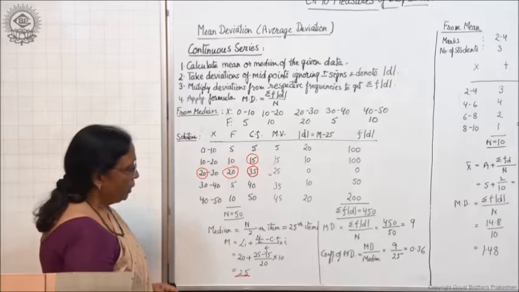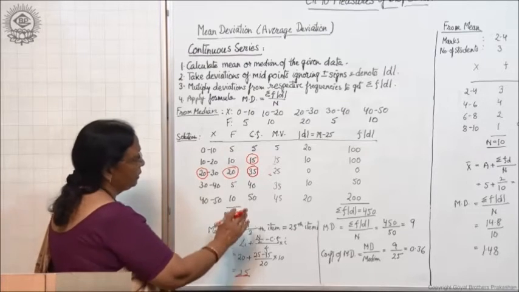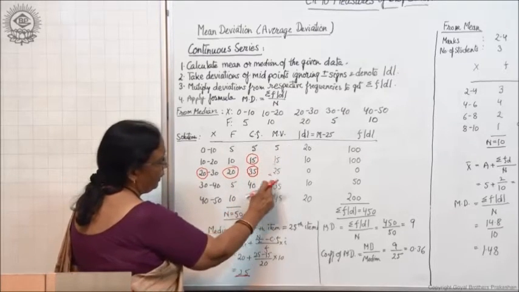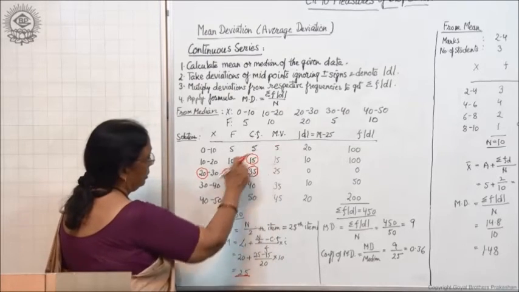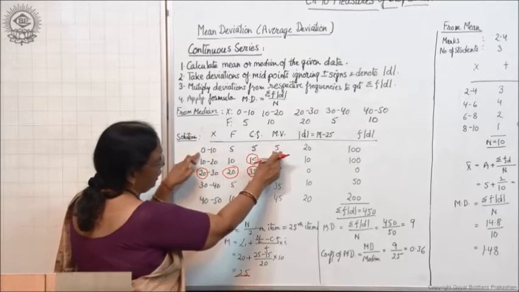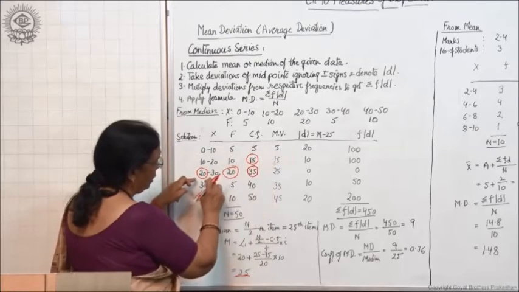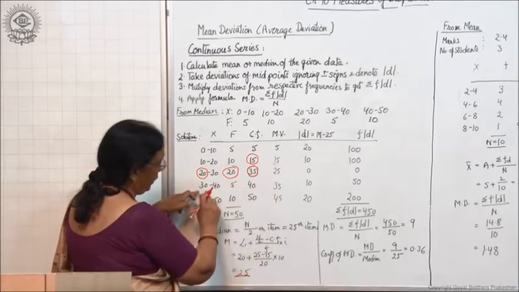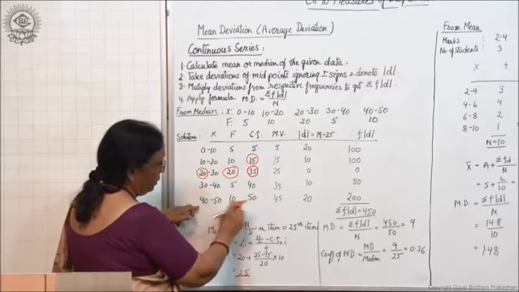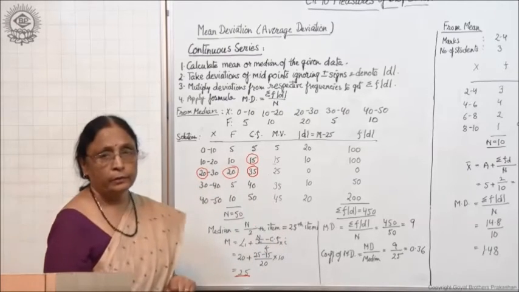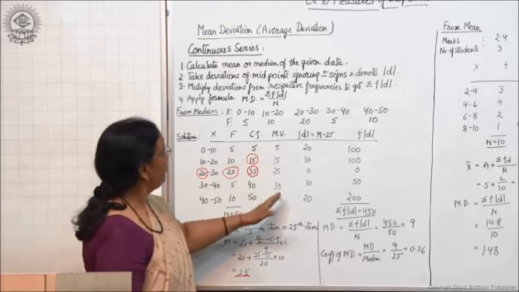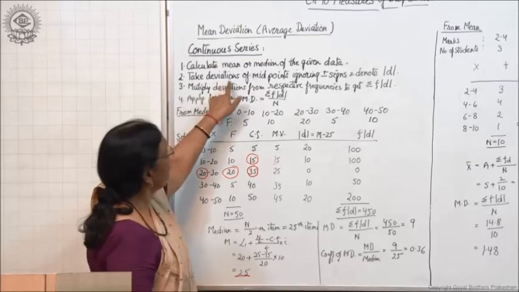Right? Now, after taking out the median, you first calculate the mid values of this column. 0 to 10 mid value is 5, 10 to 20 is 15, 20 to 30 mid value is 25, 35, 45. Right? You calculate the mid value as I told you, and take deviations from midpoints.